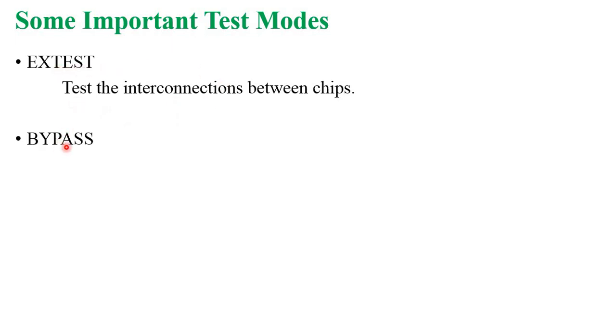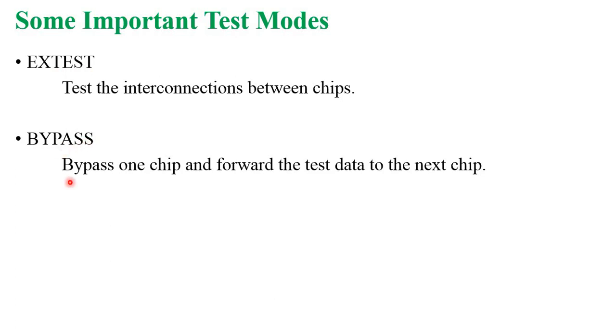And the next one, bypass. The bypass takes one chip and forwards the test data to the next chip. Suppose two chips are present. If the chip under test is not this one, we can simply send the data through, that means bypass the data.